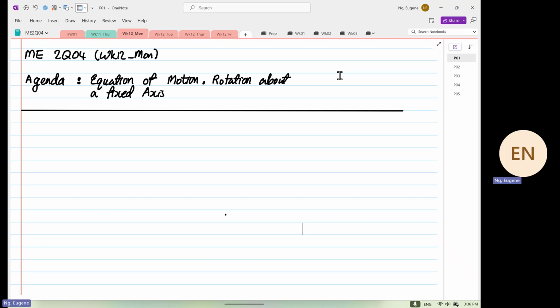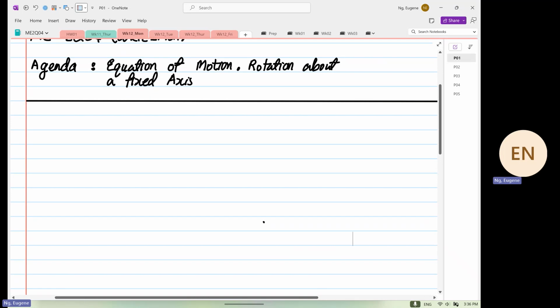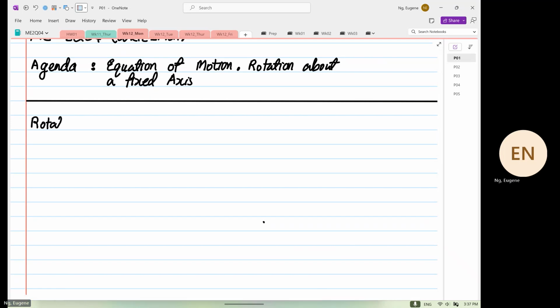So today we are going to look into rotation about a fixed axis.